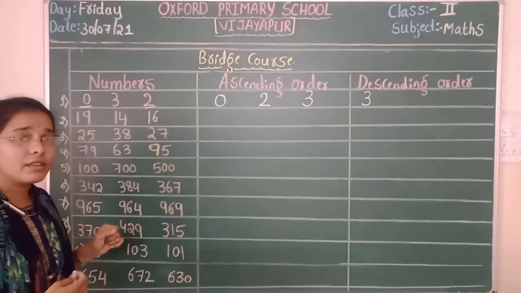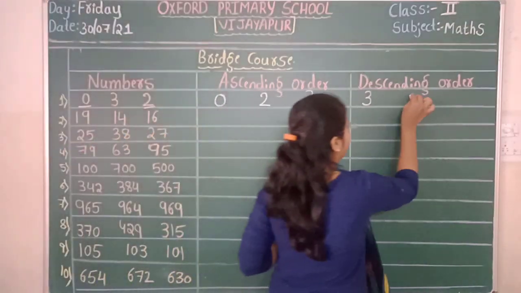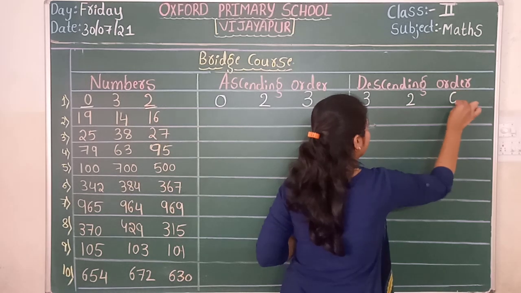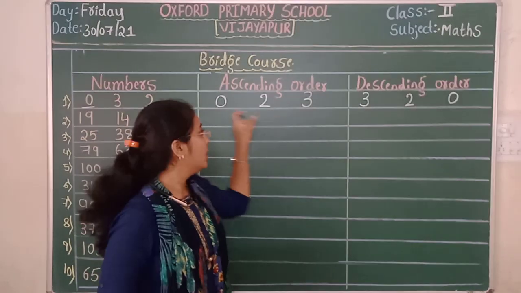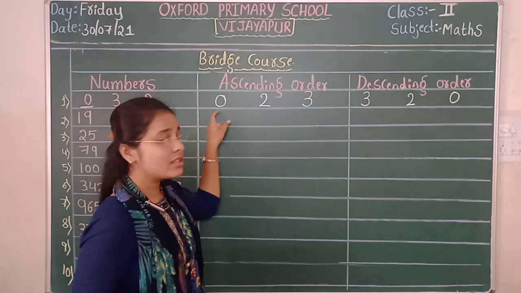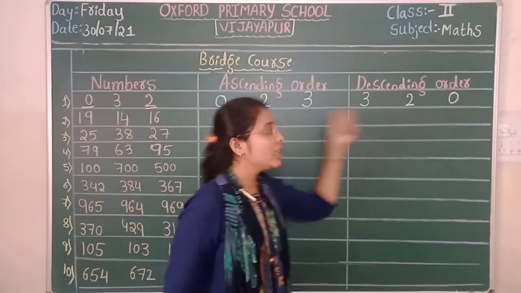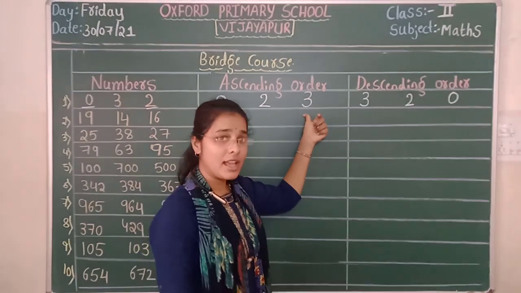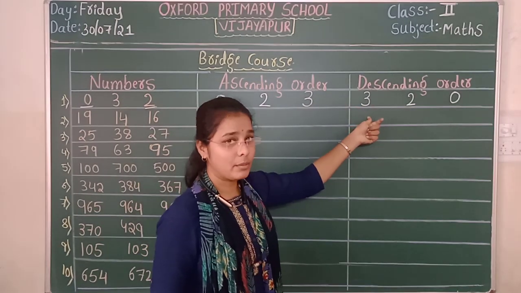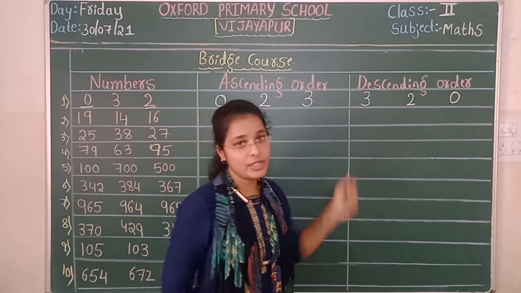Which is the bigger one? Number 2 is the bigger one. And the last, 0. Here 0 was first in ascending, now 0 is last, 2 is in between, and 3 is the first number.